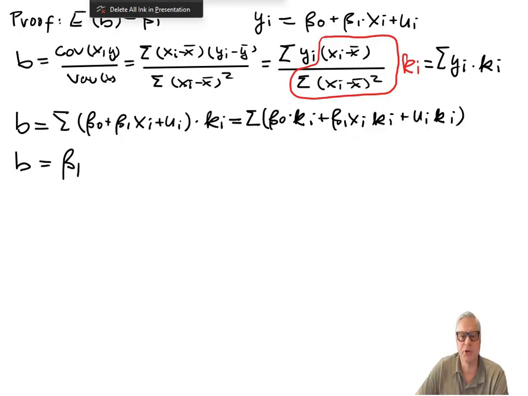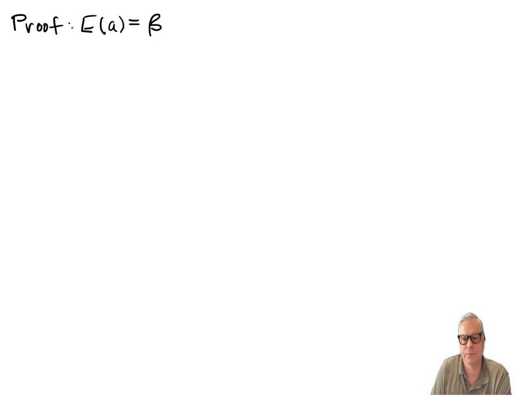The next one that we try to evaluate is that we want to prove that the same holds for A. So we want to prove that the expected value of A is equal to beta 0.